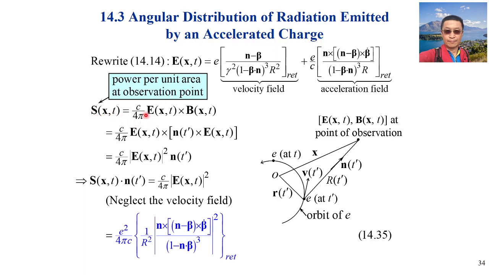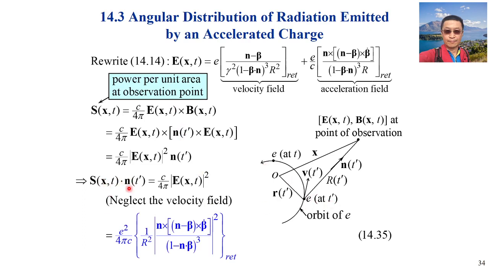The Poynting vector comes from here, that is, from the observer's position, the observer's point. E is here, B is here, and they are related to t prime. t prime is from here to here. Oh, sorry, n is the direction of propagation.